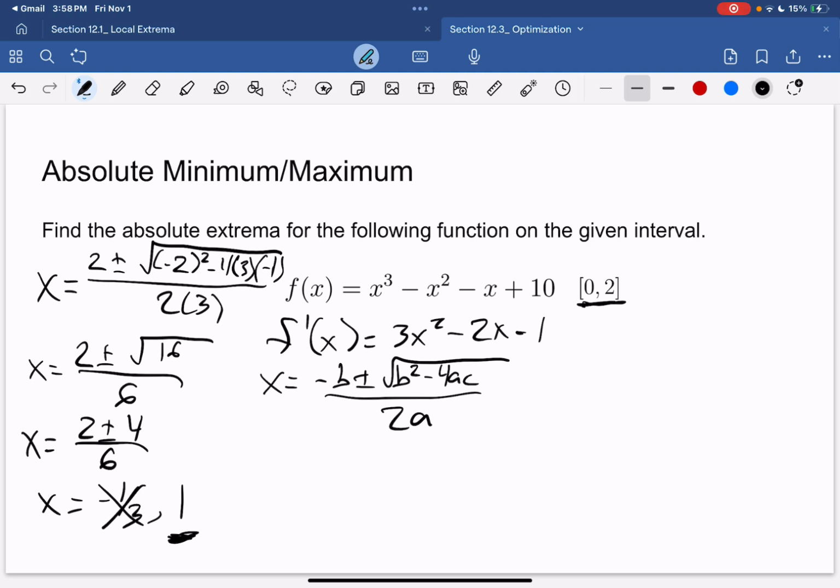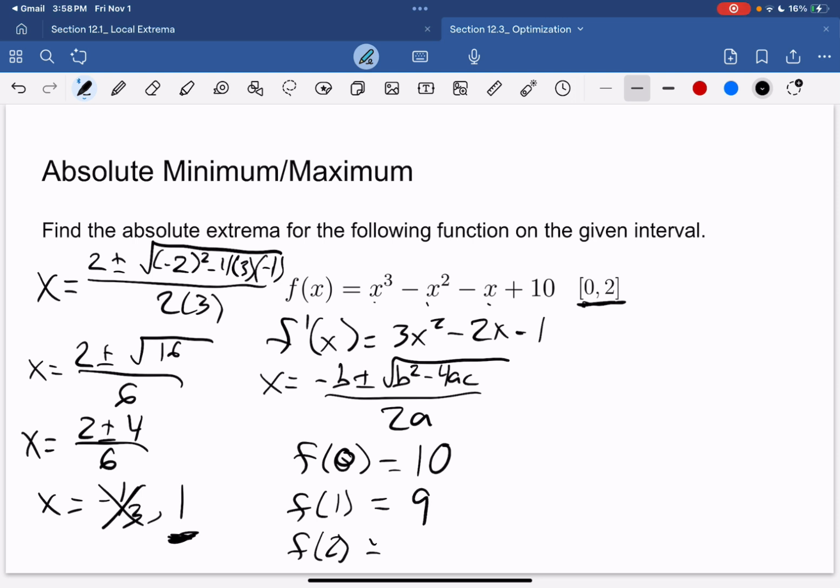So now I want to evaluate this function at the endpoints and the critical value. Okay. So I plug this in the calculator, f of 0, and I get 10. I plug in 1, and I get 1 minus 1 is 0, minus 1 is negative 1, plus 10 is 9.